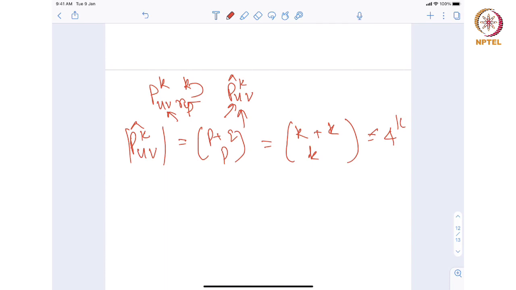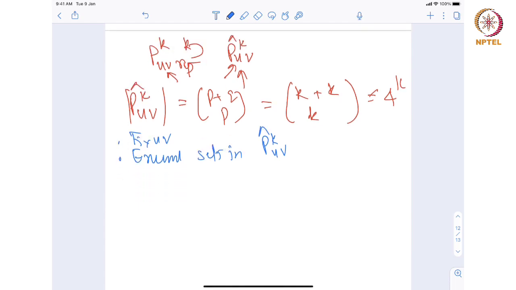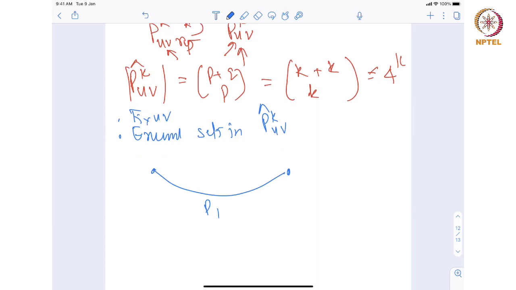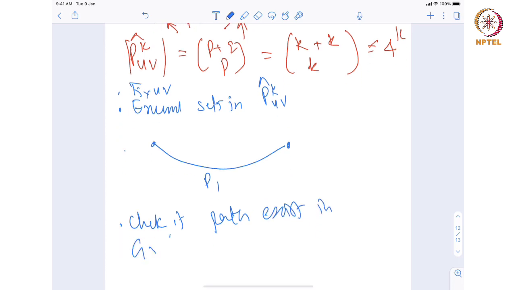So the algorithm is very simple after this, right? Fix U V, enumerate sets in P U V k hat, this is P1, and check if a path exists in G minus V(P1) minus {U, V}.